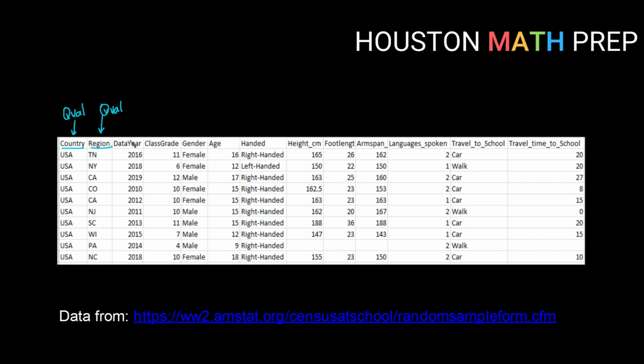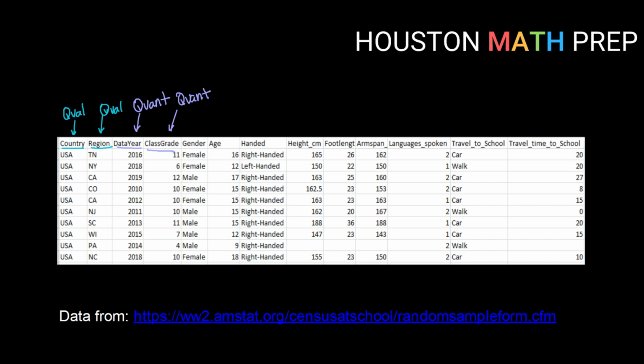The data year, so the year that this data was entered into this study, that is actually a numeric measure, so that is going to be quantitative. Okay, the class grade or the grade in school that this child was in, again, that is numerical, so that one is going to be quantitative.